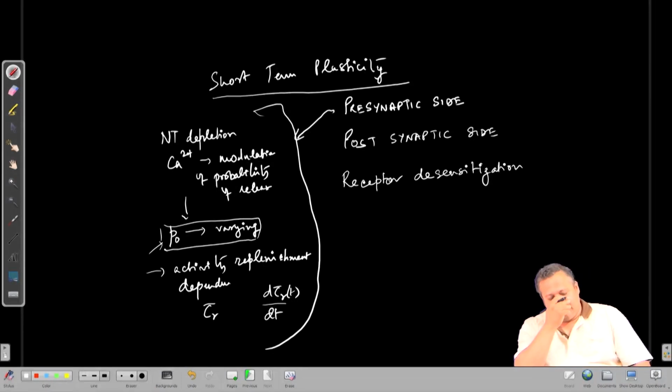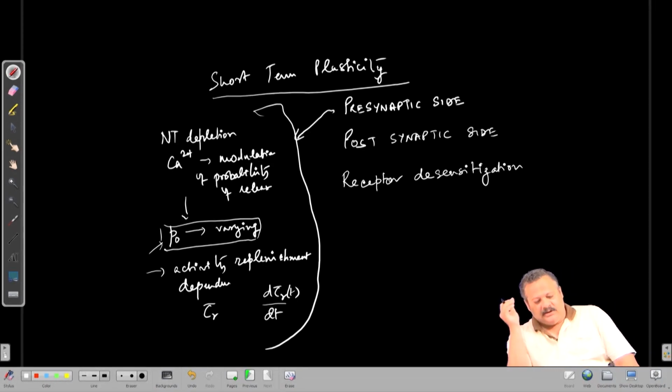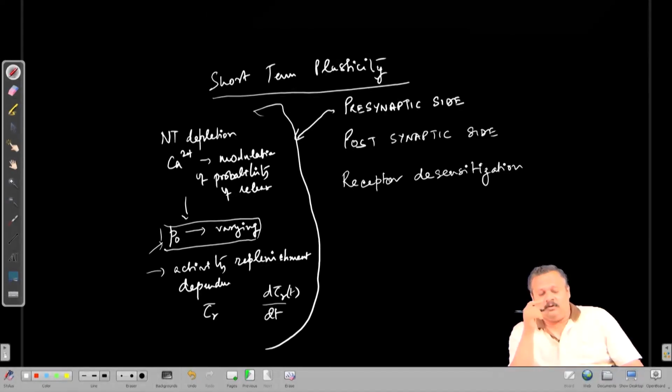So, this receptor desensitization essentially means that the postsynaptic receptors become less and less sensitive to glutamate, or not glutamate necessarily, to the neurotransmitter. It is mainly studied with glutamate and AMPA receptors, because of overstimulation.